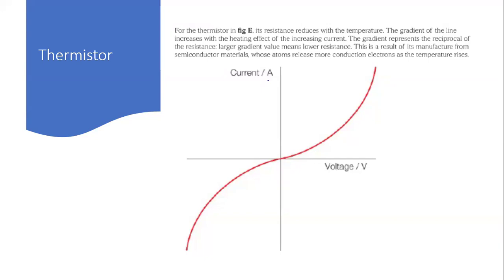Now, when we talk about voltage, there can be two types. One is direct current voltage. Direct voltage means that the positive and the negative terminal are fixed, for example, like your battery.